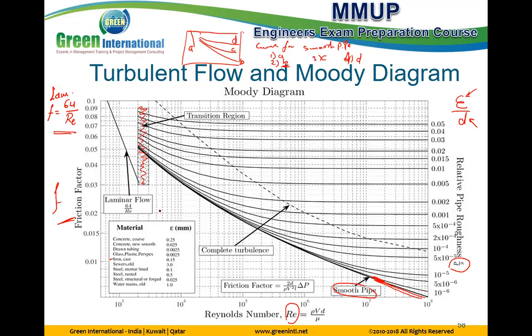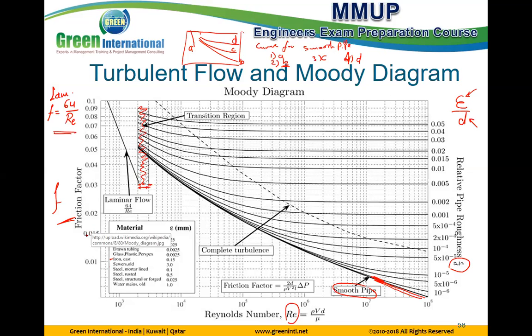This area is represented as small because this is a logarithmic scale, not a regular scale. So the transient range is small here. Turbulent starts from a Reynolds number of 4,000.